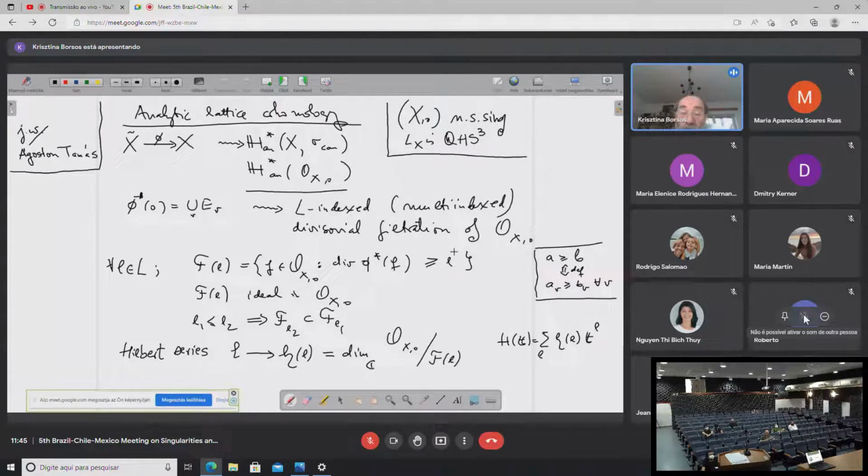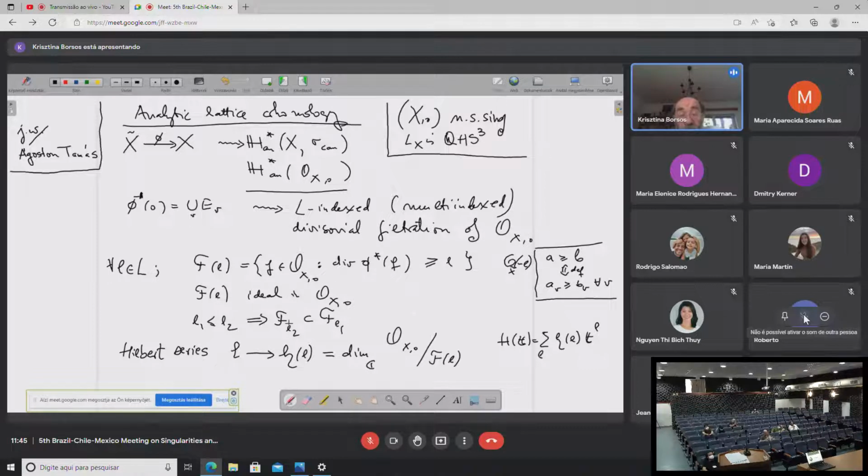So here we basically give the divisor, so I can even use a different notation, O of minus L, on X. So that is a filtration given by ideals of the local ring.